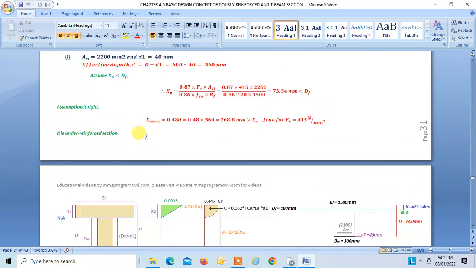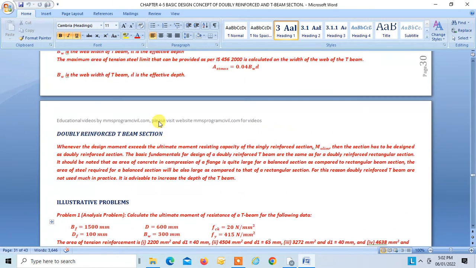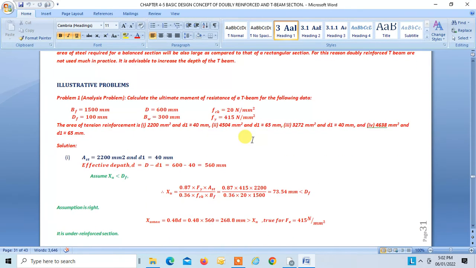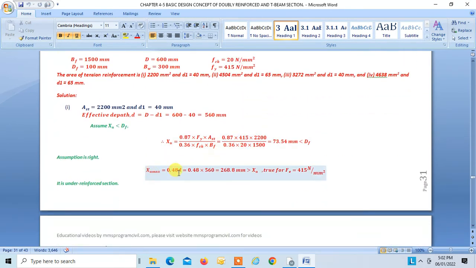Now the next step is to check for XU max. XU max for Fe 415 is 0.48D, as we know from the table above. XU limit by D is 0.48, so XU limit is equal to 0.48D, because we are using Fe 415 steel. So XU max is equal to 0.48D, that is equal to 268.8.